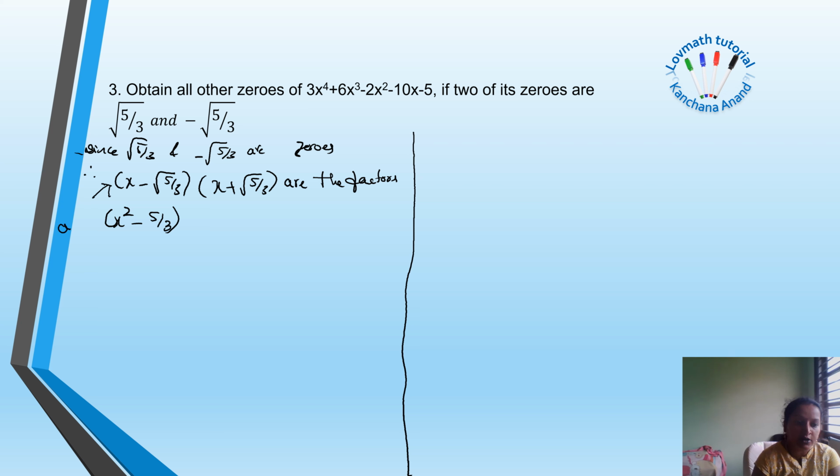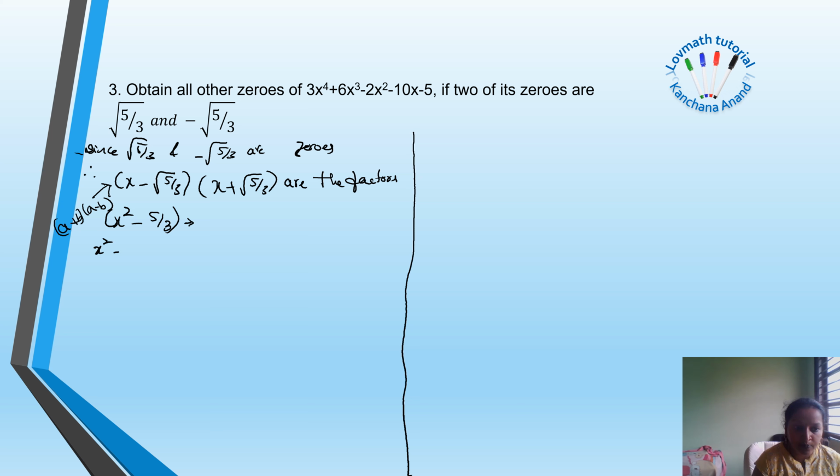So, x minus square root of 5 by 3 into x plus square root of 5 by 3 becomes x square minus 5 by 3. Now, we have to divide the given polynomial by x square minus 5 by 3. Now, let us start the division.